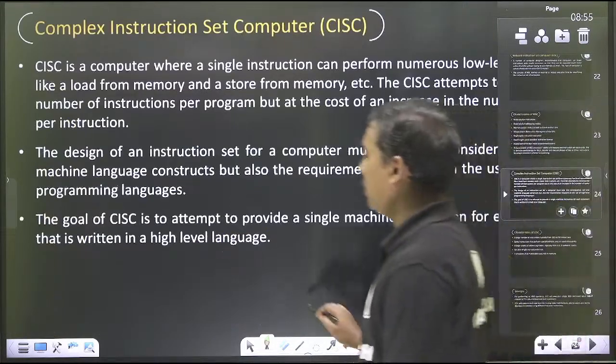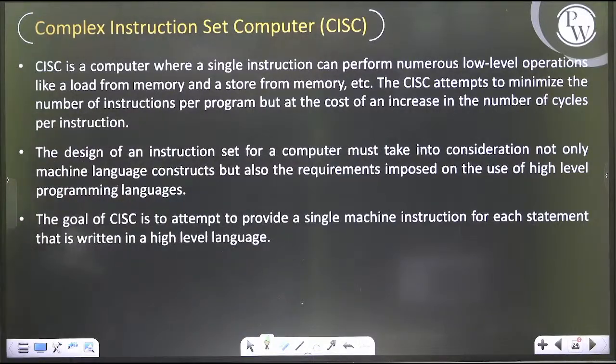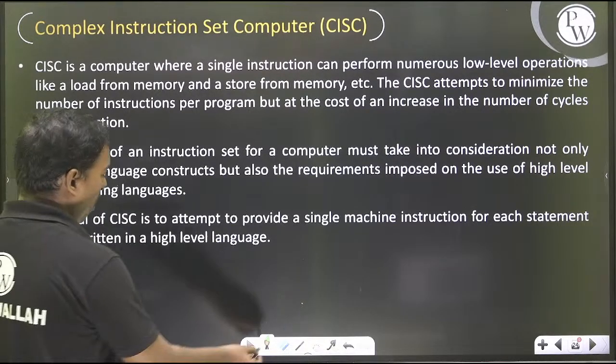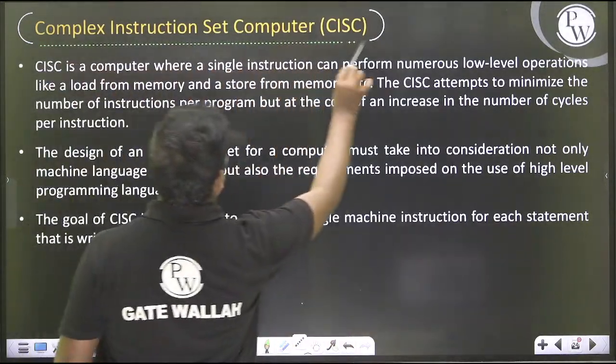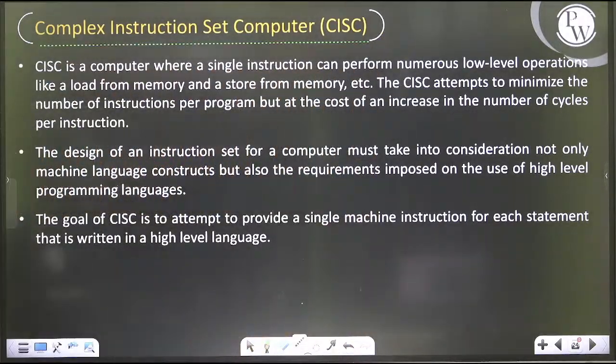So what is CISC? CISC stands for Complex Instruction Set Computers.